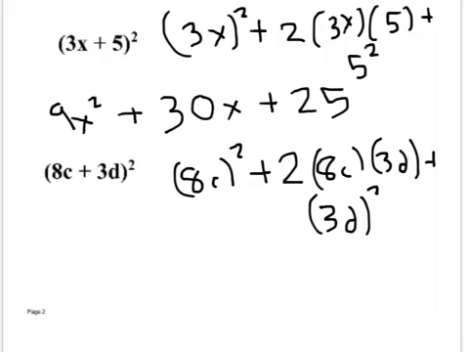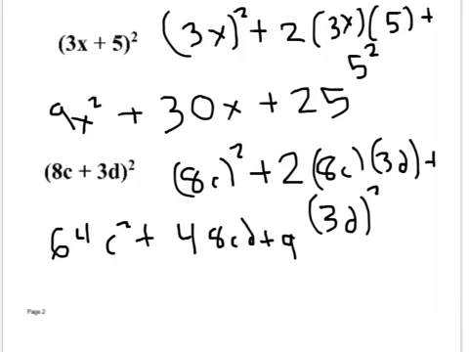So 8 squared is 64, c squared. Plus, we have 2 times 8 times 3. Someone raise your hand and tell me what that is. 2 times 3 would be 6. 6 times 8 is 48 times cd. So 48cd. Plus 3d squared. So 3 squared is 9, d squared, and there's our answer.